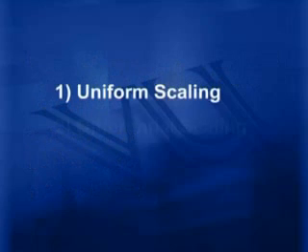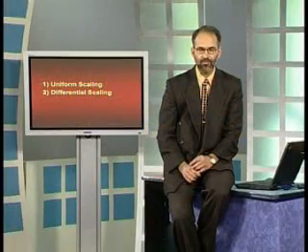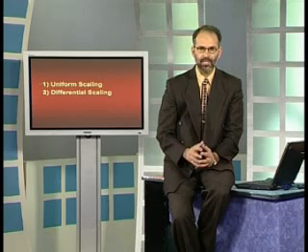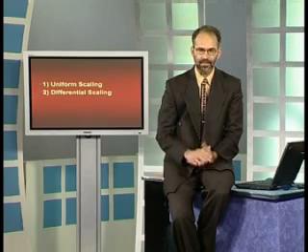So if we have all the 3 factors equal, then only we are going to have uniform scaling. And that would mean that if we are going to scale it to double the size, we are going to scale it to double with reference to x, y and z, all the 3.